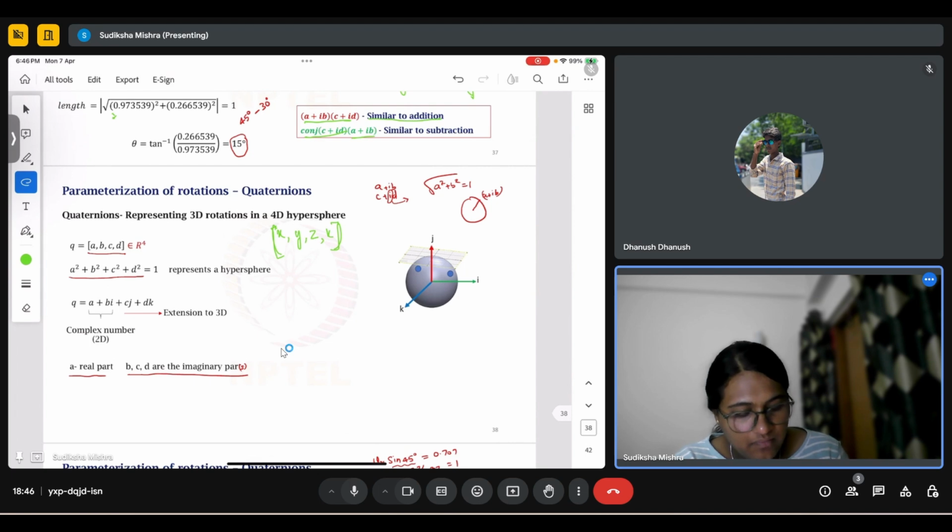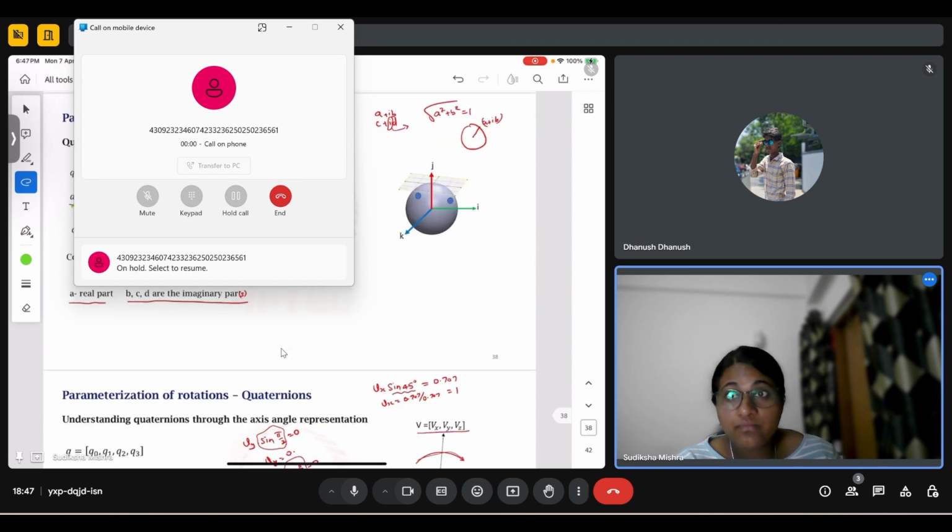So instead of a 3D space, they belong to a 4D hypersphere, and the sum of the squares of each of the numbers is equal to 1. This will be your complex 2D number. This is your complex 3D number. However, for a quaternion, since it's in 4D, there is one real part and three imaginary parts.